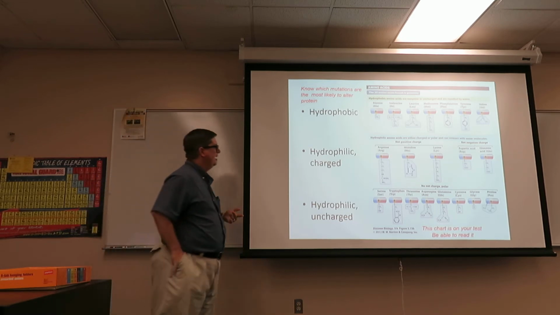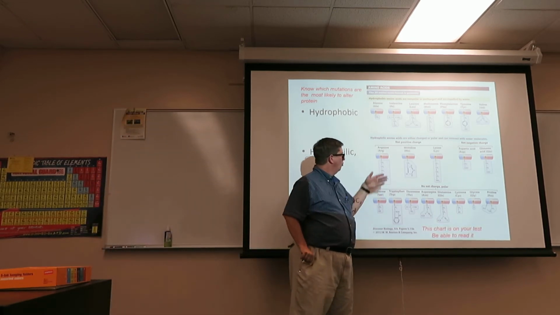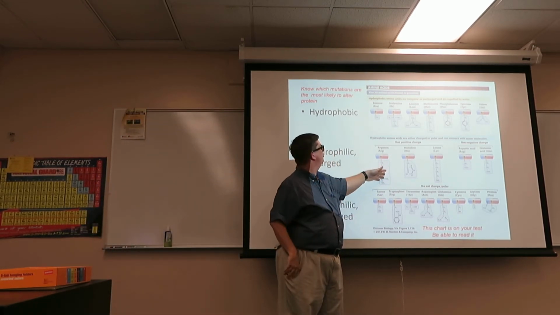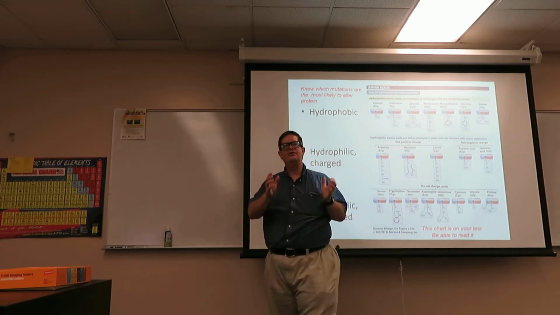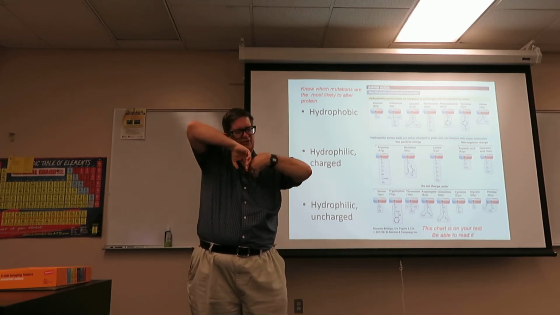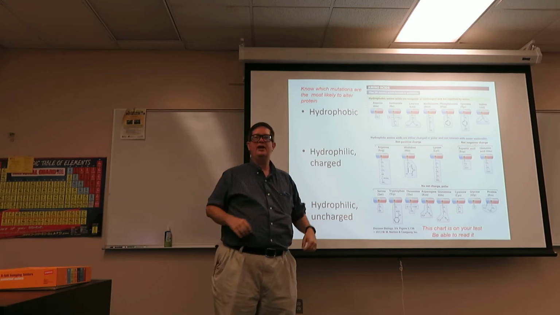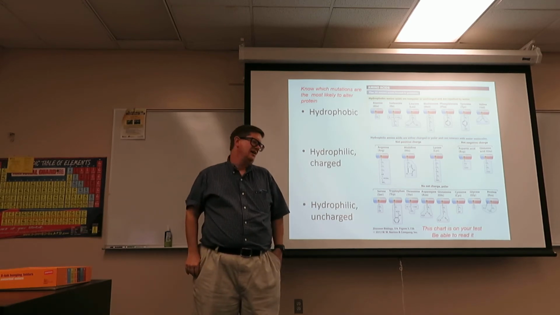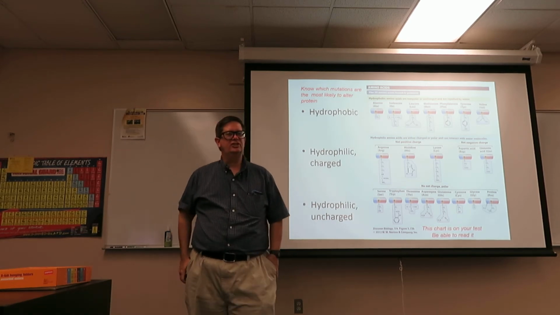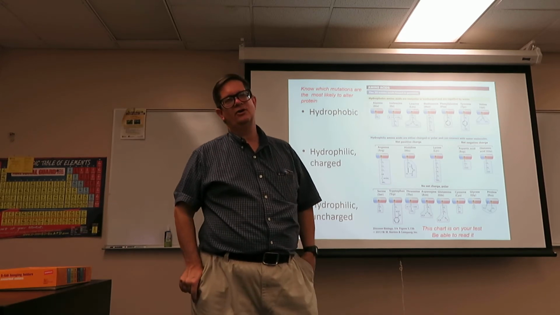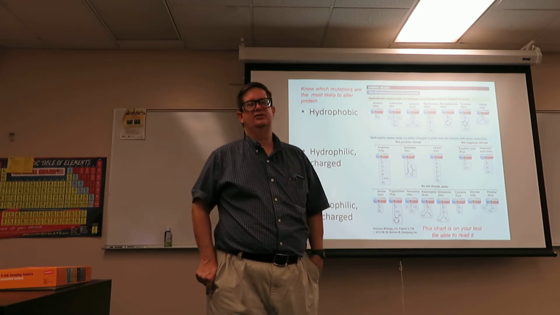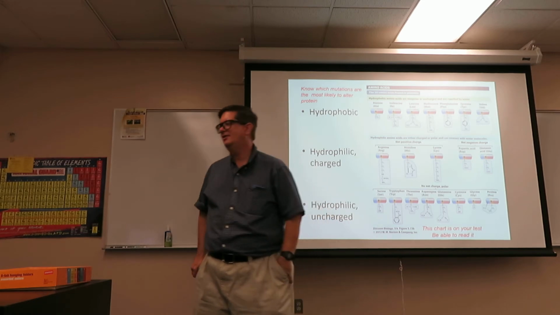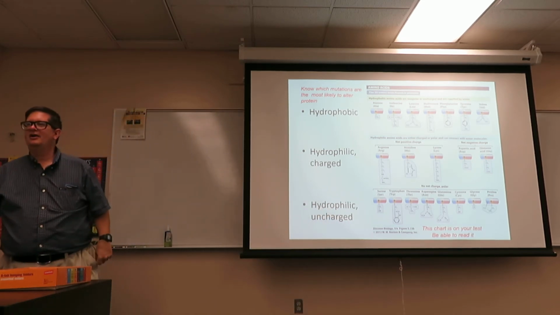Or what do you think happens if we take a water-loving one on the outside of that protein and substitute a water-hating one? That protein will turn itself around, twist, and bend to try and protect the water-hating one from water. Then the protein changes shape. And if it changes shape, it does what? I'm looking for a D word. Denatures. And does it work anymore? No. So you guys are good with that, right?